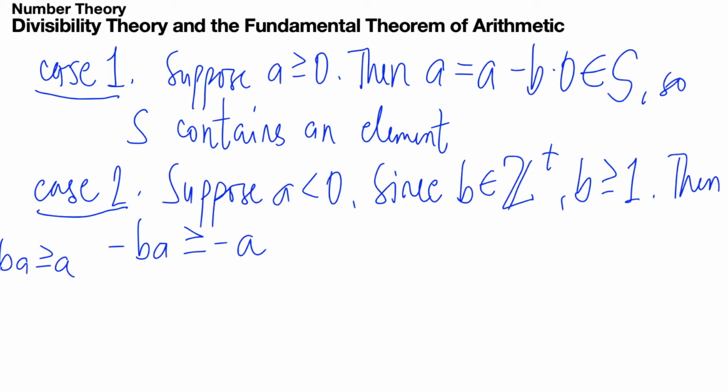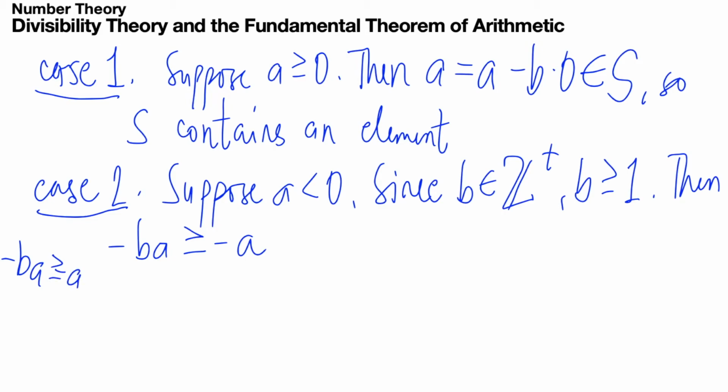Sorry, that's the correct one. And then if we multiply the whole inequality by negative 1, the sign will revert: minus ba is greater than or equal to minus a.